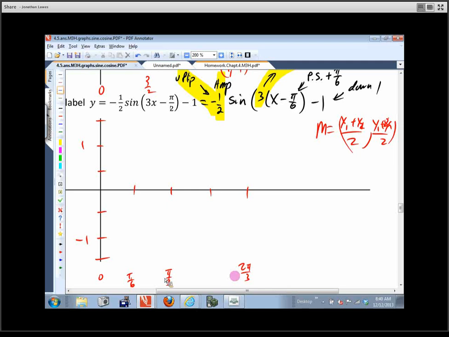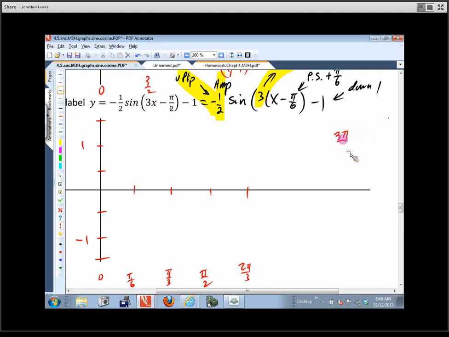I literally just want to average the two, so I add them up and divide by 2. Pi thirds plus 2 pi thirds is 3 pi thirds, that would be pi, and then I divide that by 2. So this right here is pi halves.